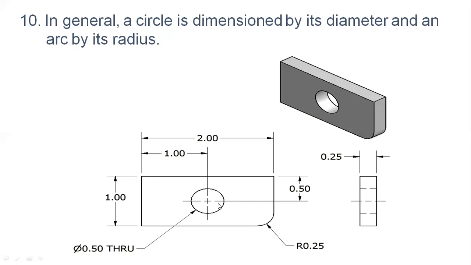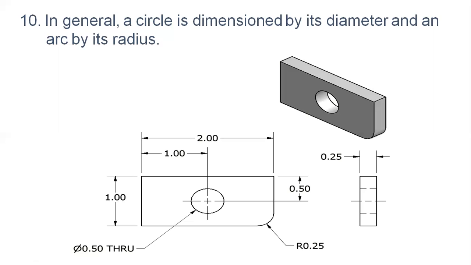In the side view, they have shown a circle with 5.5 through, which means it goes throughout its width, and the diameter of that circle is D equal to 0.5.